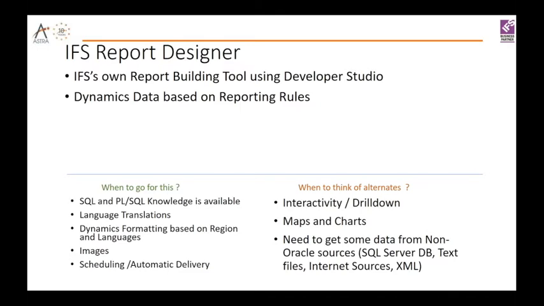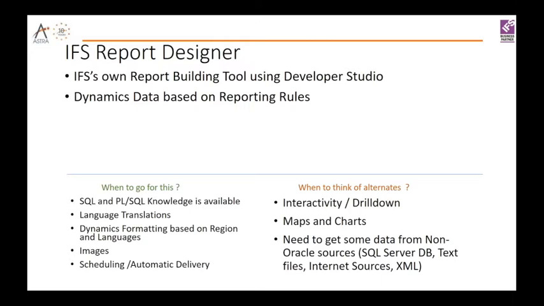So although I said it's a be-all and end-all kind of thing for IFS data, there are some limitations where you may need to look for other tools. For example, if you would like your report to be interactive, like you're looking at open orders in a department, you want to drill down and see which are these orders in that department that are open. So the report first shows up by department, and then you want to interactively push a button or something like that to elaborate on that particular department.